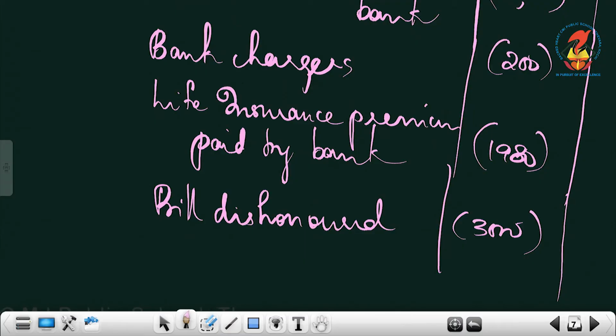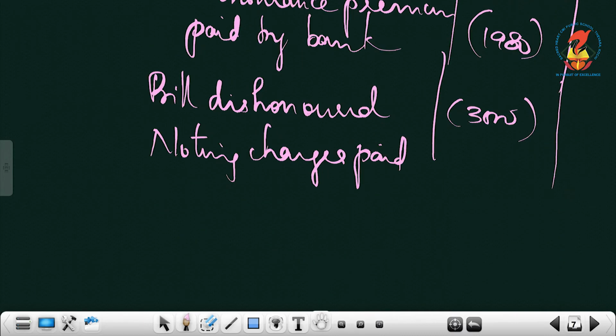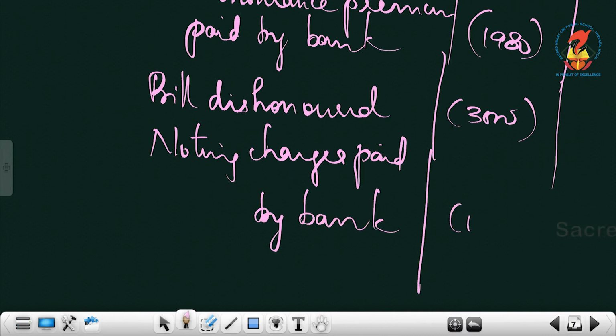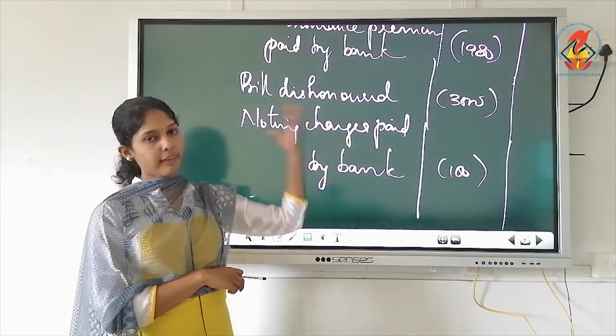So, we can write here knotting charges paid by bank, $100. In your textbook they have added these two because these two form part of one transaction and they have deducted altogether 3,100. You can write like that or write it separately.